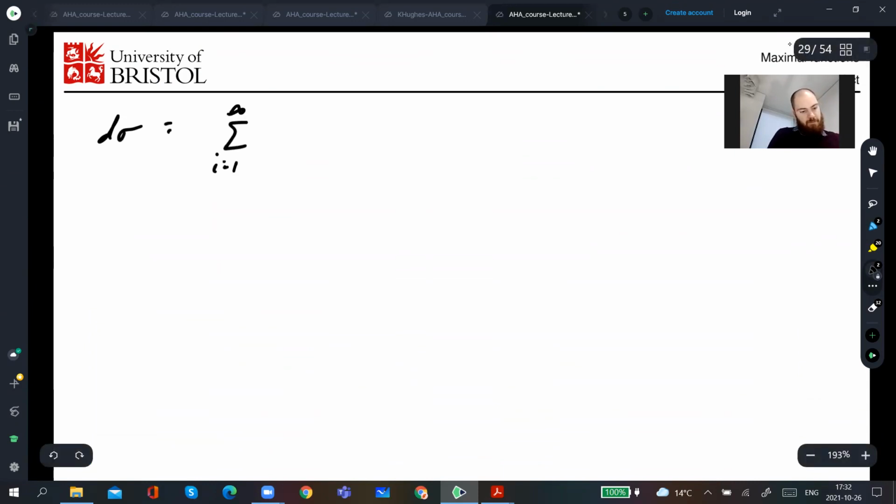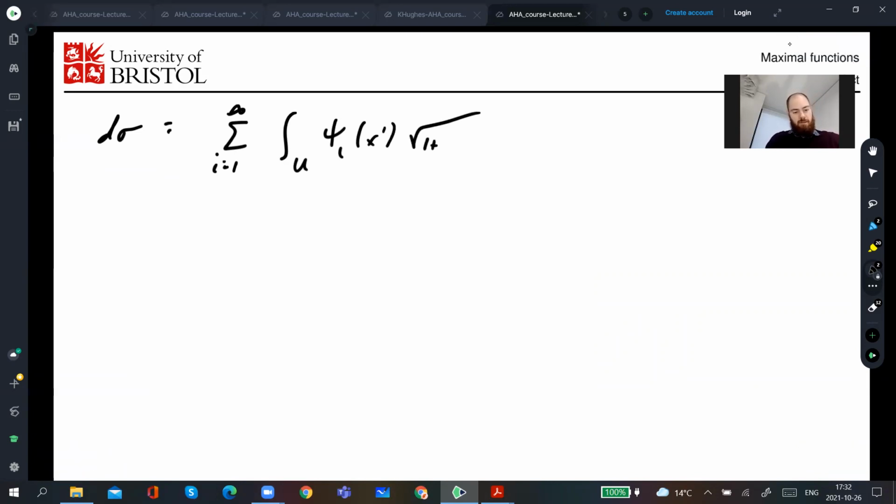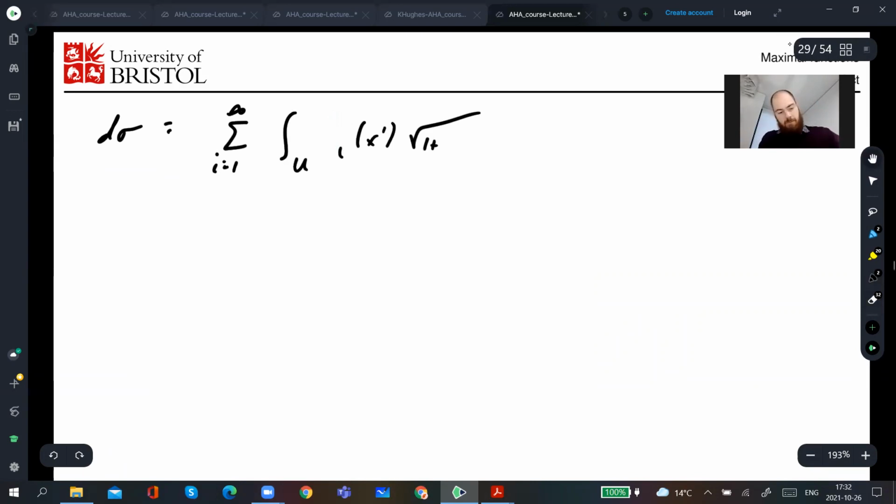The integral over U of psi I x prime square root of 1 plus, well, actually, it's going to be some AI, which is defining my partition of unity.